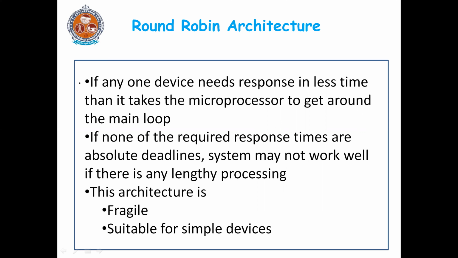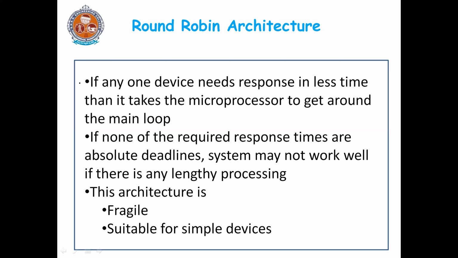In a digital multimeter, for example, if some case takes 3 milliseconds, then the system's response gets as bad as 3 milliseconds. That is lengthy processing, so definitely the system's response will get as bad as 3 milliseconds. That is one point you have to consider for round robin architecture.